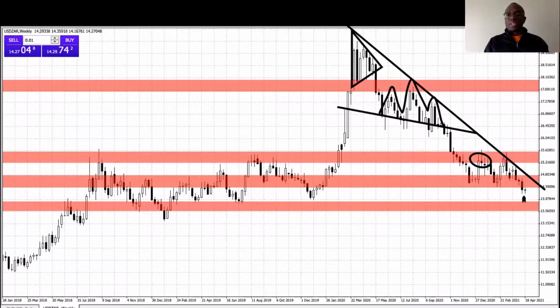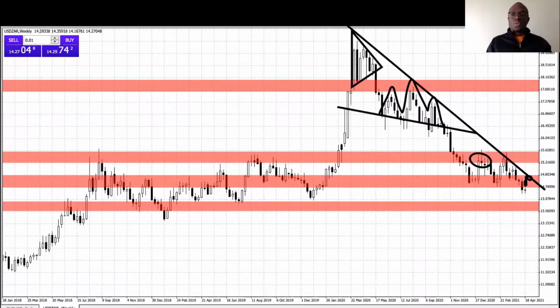With that in mind, what we'll be expecting in the coming week is that since the price formed a lower low here, right after this lower high, we'll be expecting the price to pull back and form a lower high, and also retest the broken 14.39096 zone as a resistance zone, and in the process test the resistance zone of the trend line resistance.